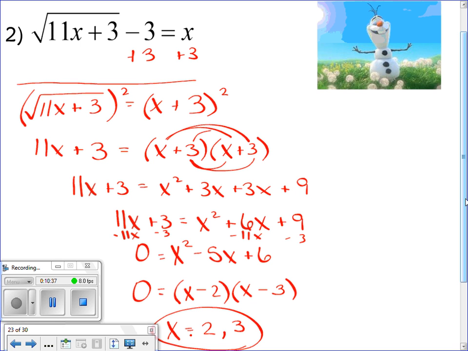Try the 3. 11 times 3, 33 plus 3, square root of 36, minus 3, and that one worked as well. Okay. So honestly, guys, for checking purposes, a lot of times it's easier to check them in your head. Some people get all caught up and try typing everything in the calculator, and it sometimes makes it more difficult that way.